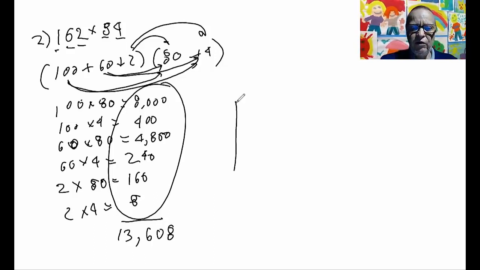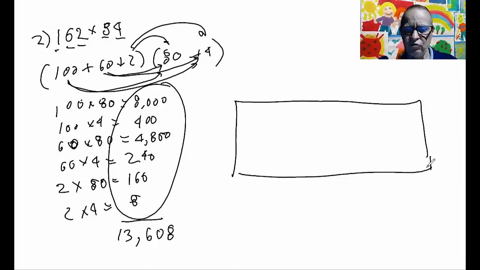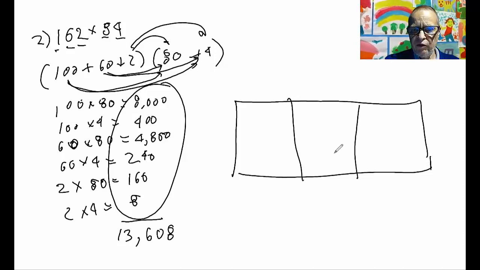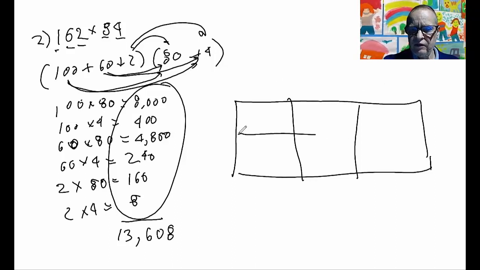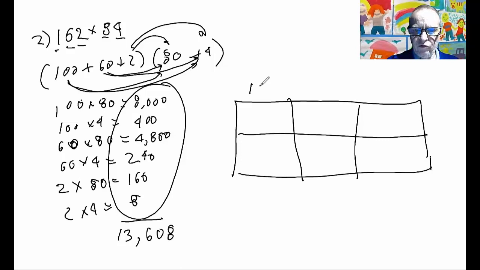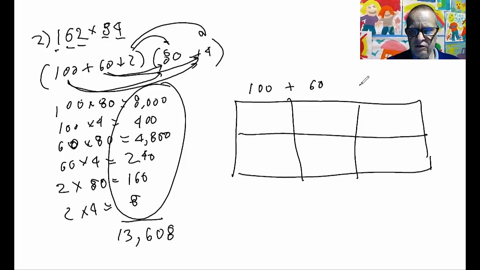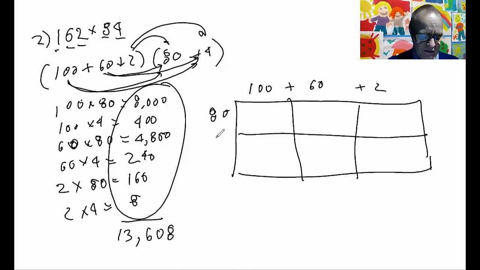Again, we could also use the box method. So we draw the box. In this case, we break it into hundreds, tens, and ones. And here the tens and the ones for the 162, and this one for the 84.